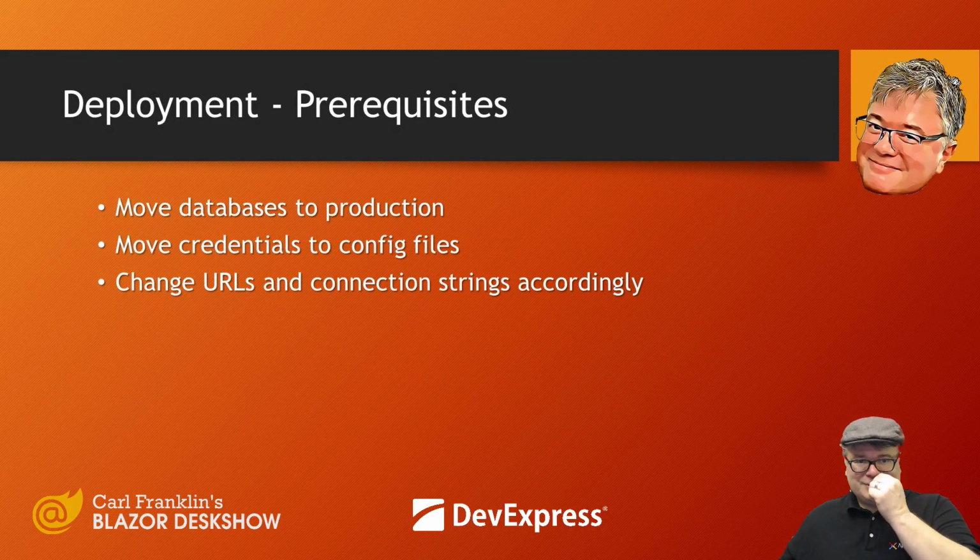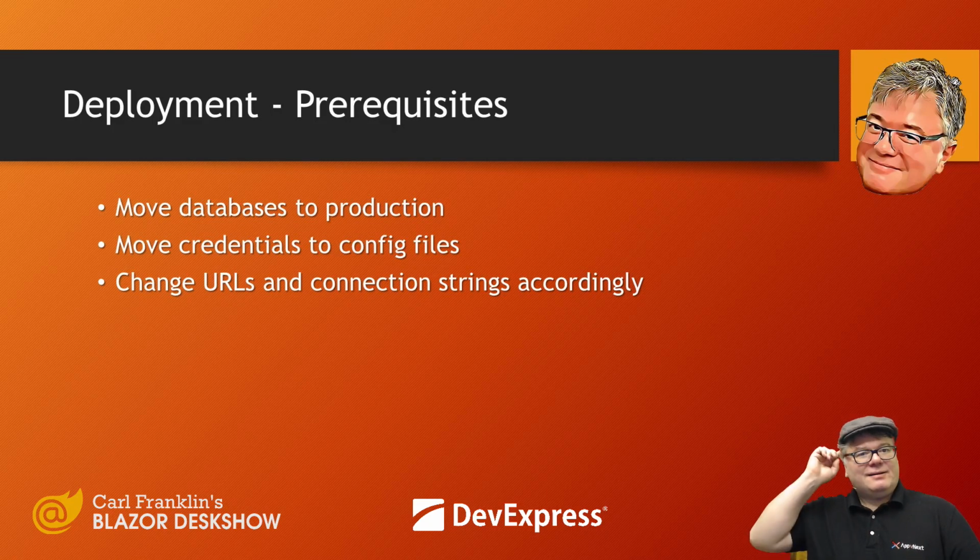So if you're going to deploy, this is just a common sense slide. You want to move your databases to production, and any credentials, don't have any URLs hard-coded, move them to config files. You can change those according to where you're deploying. But here's the thing.